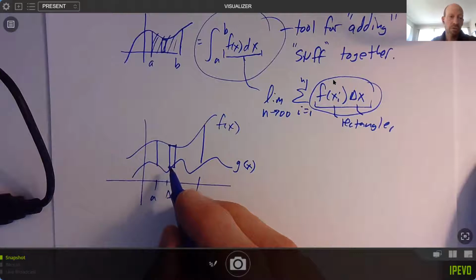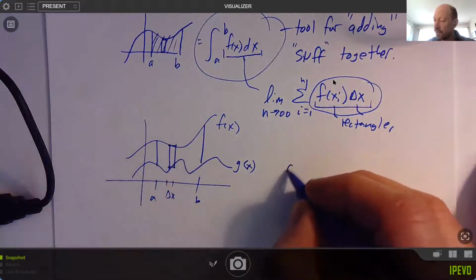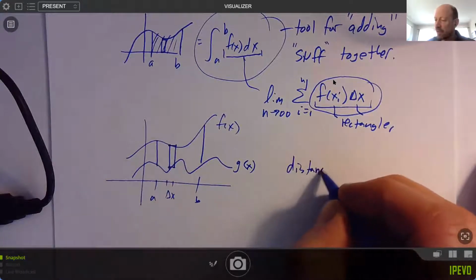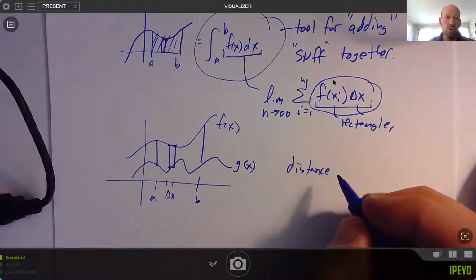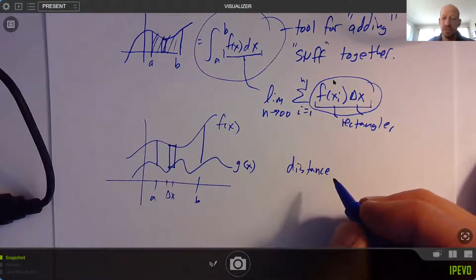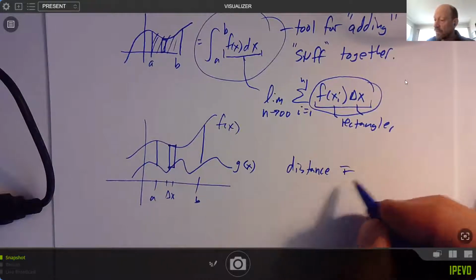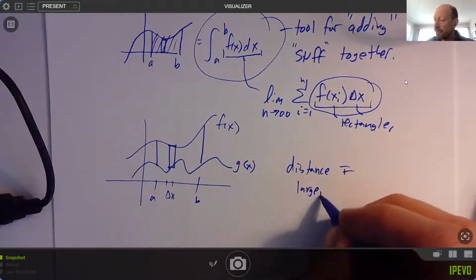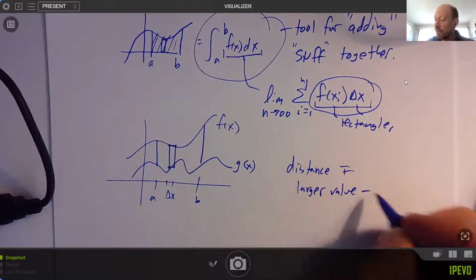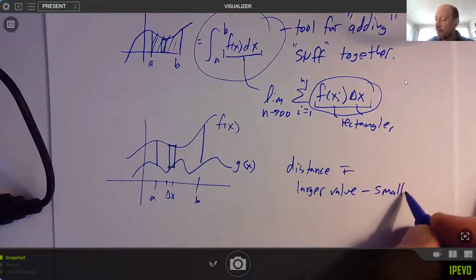As a general rule, when I want a distance here, the distance is the larger value minus the smaller value. That's going to be useful in chapter 6.1, 6.2, and 6.3 as well, so we're laying the groundwork for later sections.